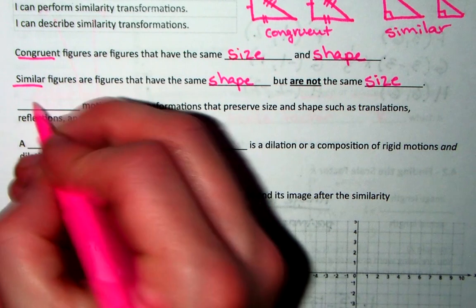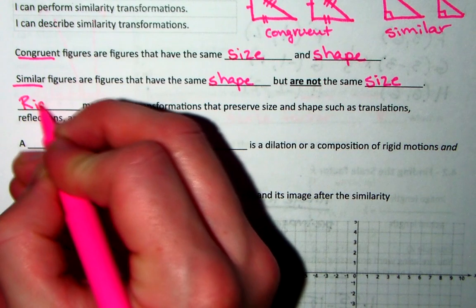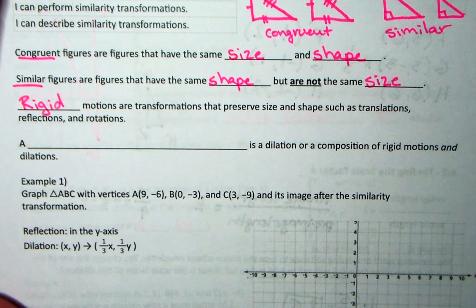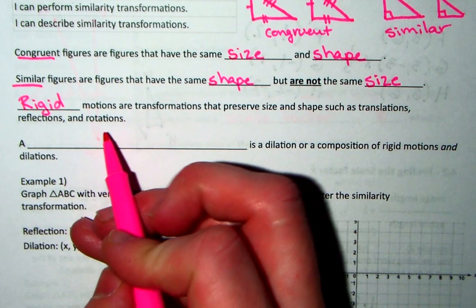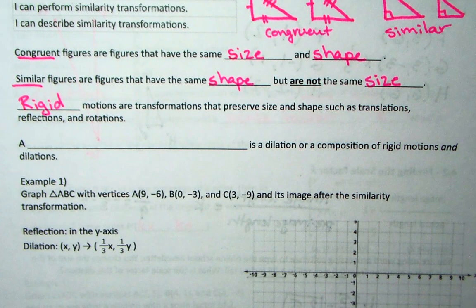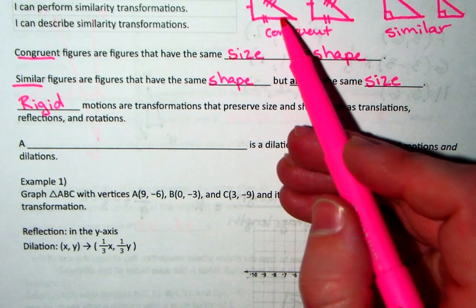The rigid motions, we have discussed these before. They're motions that preserve size and shape, such as translations, reflections, and rotations. So every one of the transformations we've talked about so far preserves size and shape.